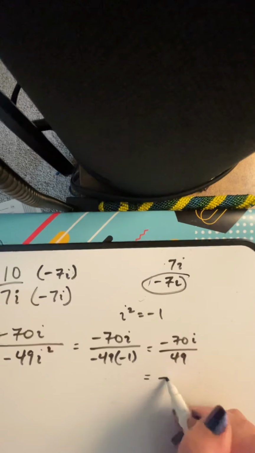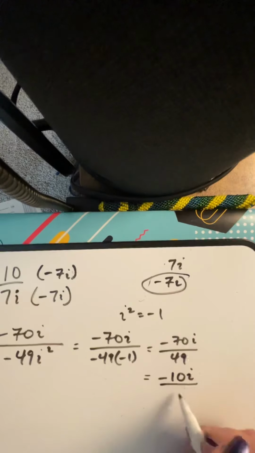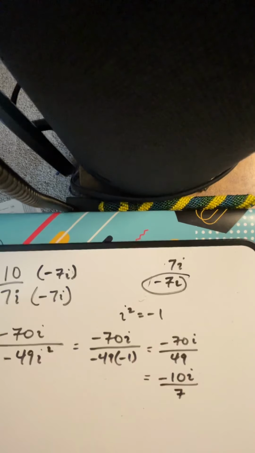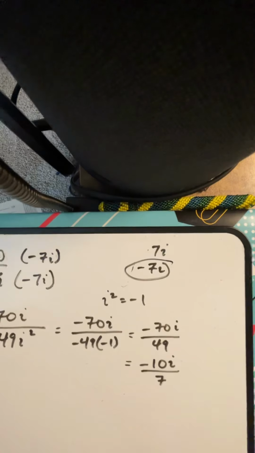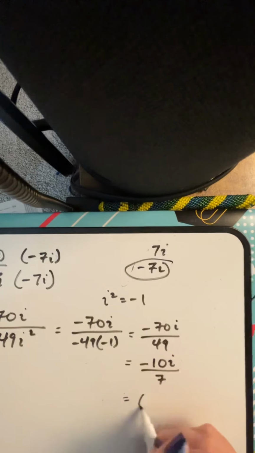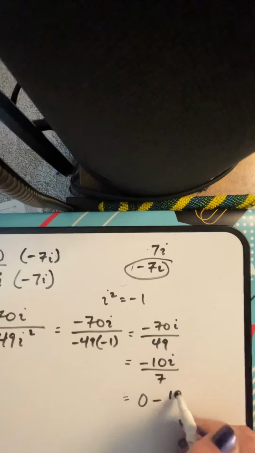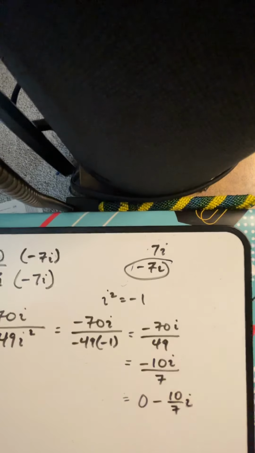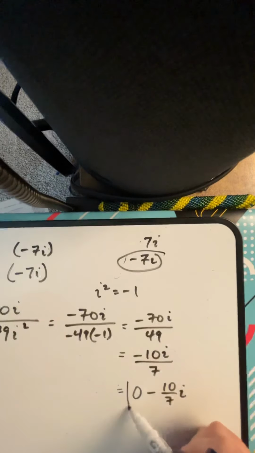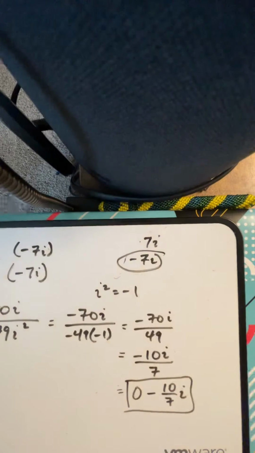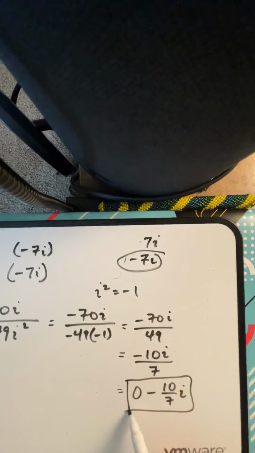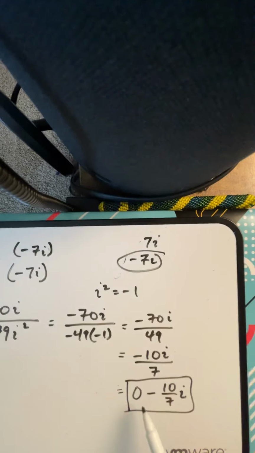So we end up getting negative 10i over 7. And to write this in our a plus bi form, you can write this as 0 minus 10/7 i. So if it's being really particular about writing it in the a plus bi form, make sure you include that 0 for the real number part: 0 minus 10/7 i.